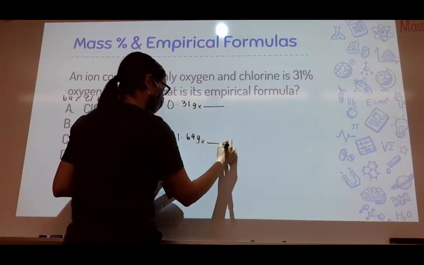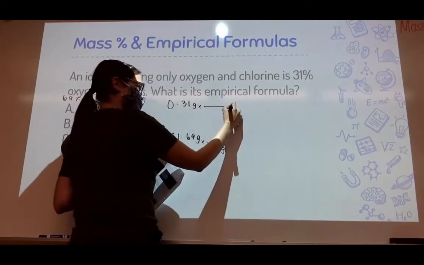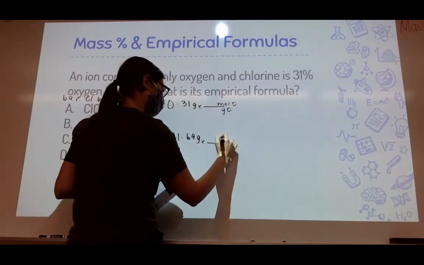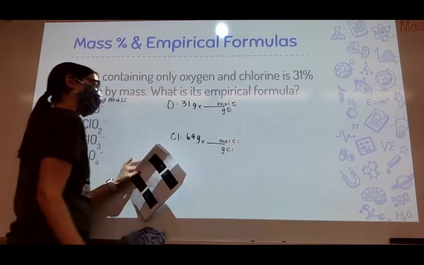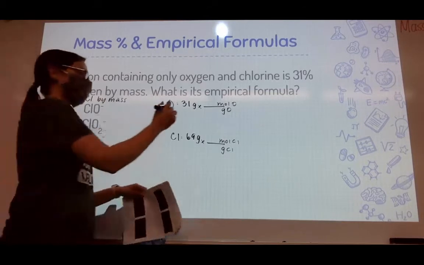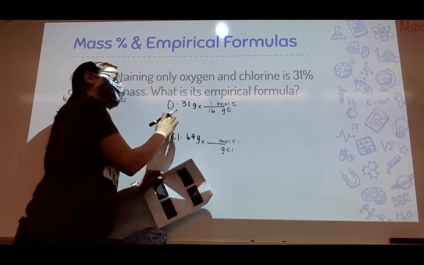And the next thing is grams to moles. So this is oxygen, so grams of oxygen, moles of oxygen. How do I go from grams to moles? What do I have to use? Yeah, the molar mass. This is just elemental oxygen.